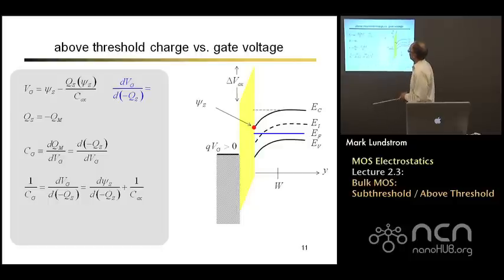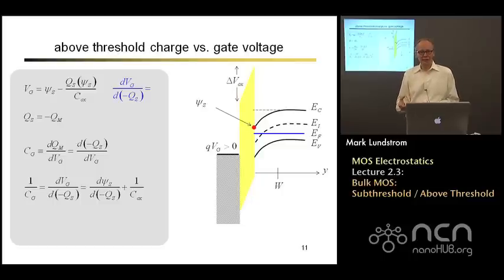When I differentiate the second factor, I just get a 1 over Cox. So if I look at that a little bit, capacitance is dQ/dV. 1 over capacitance is dV/dQ. What I have here is a dV/dQ, but the V is the voltage drop in the semiconductor. The Q is the charge in the semiconductor.